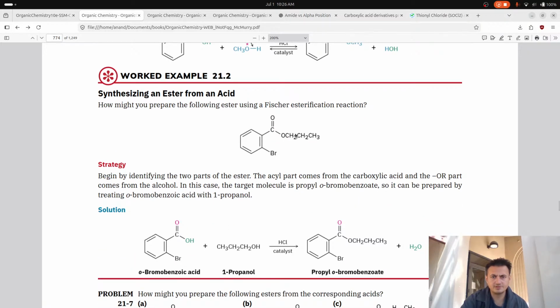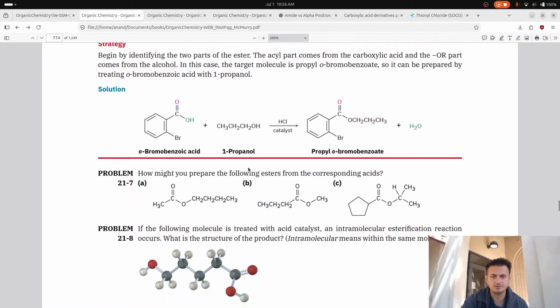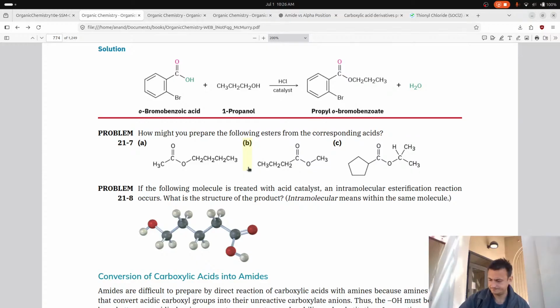How do we prepare this? Well, we would clearly start with propanol, yeah, and then with a... Alright, so here we're going to start with acetic acid. So this one's easy. Alright, here we'd start with butanoic acid, methanol, and acid.